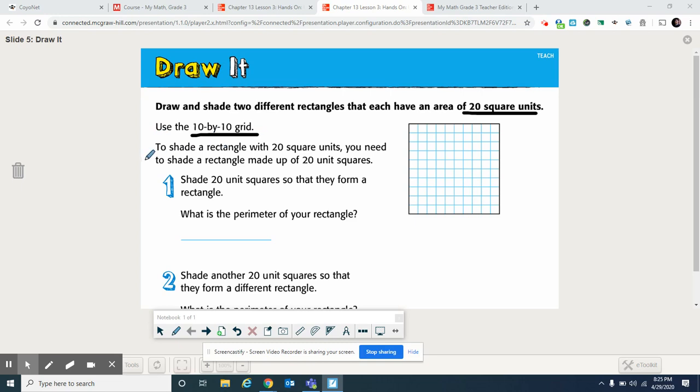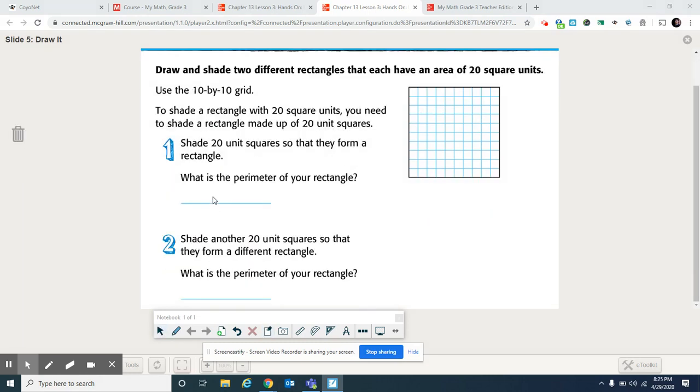To shade a rectangle with 20 square units, we need to shade a rectangle made up of 20 unit squares. The first step is we need to shade 20 unit squares so that they form a rectangle. That is for the first example.